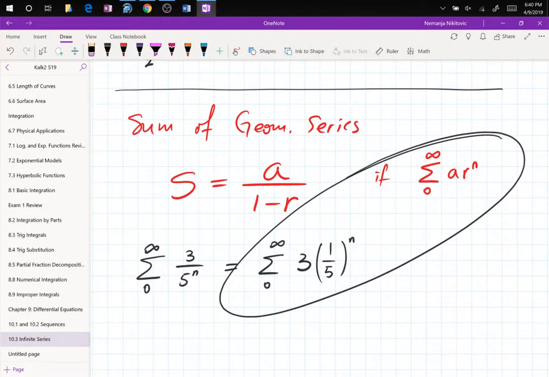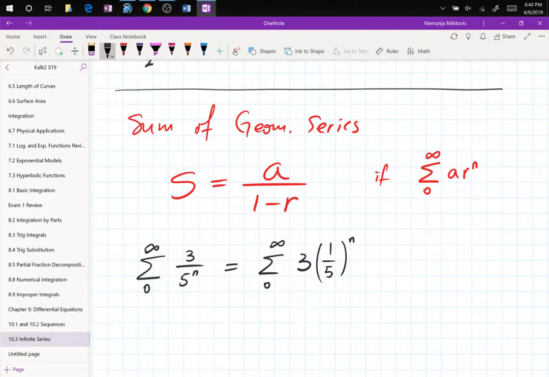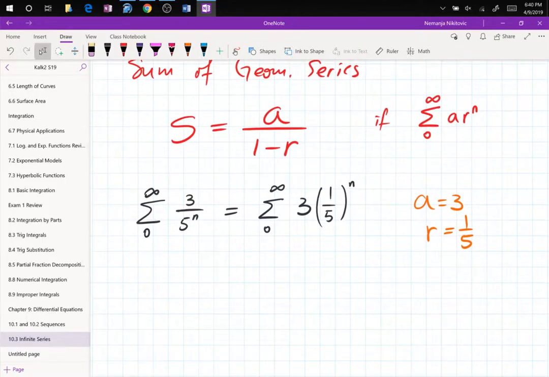So just by visual inspection, we see that A is equal to 3 and R is equal to 1/5. Plug it in. All right? So S equals 3 divided by 1 minus 1/5.